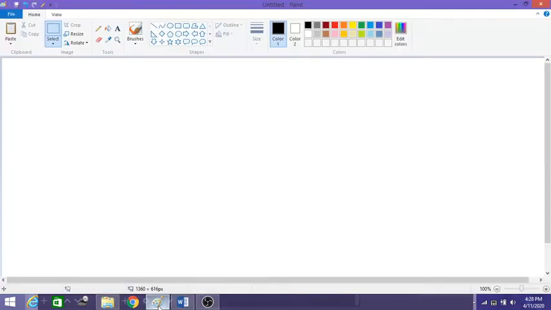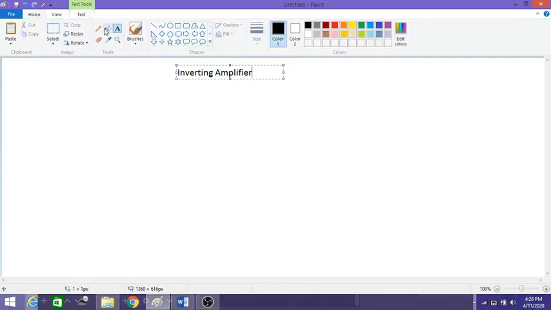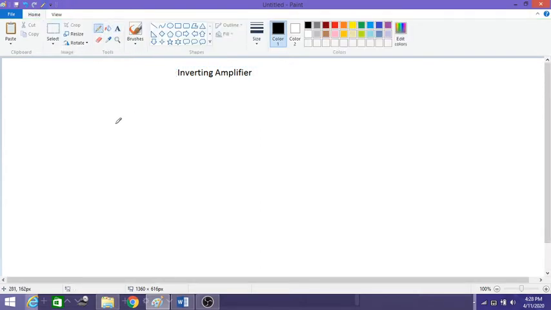So now let us take the first one. We'll talk about the inverting amplifier case. Let us analyze this inverting amplifier circuit. It is connected through a resistance here. Let me complete the circuit first.